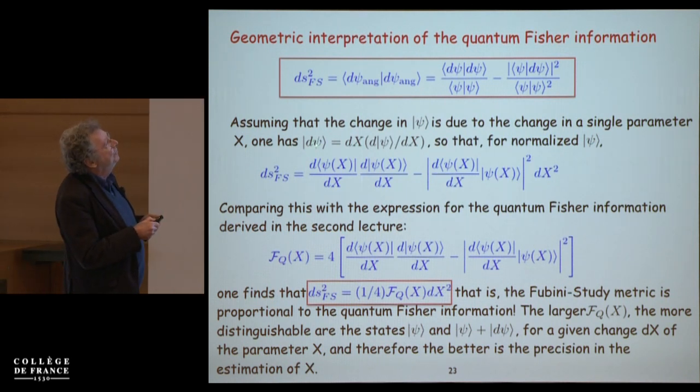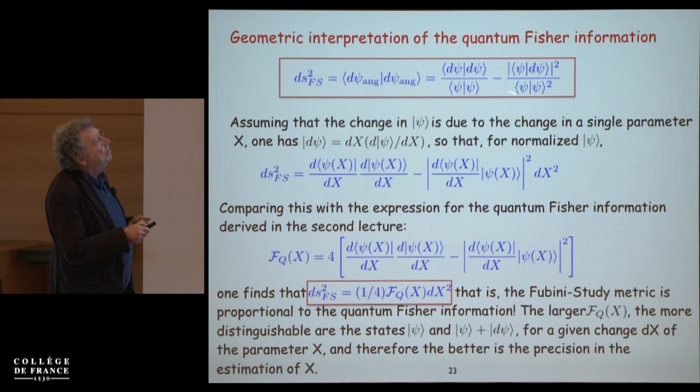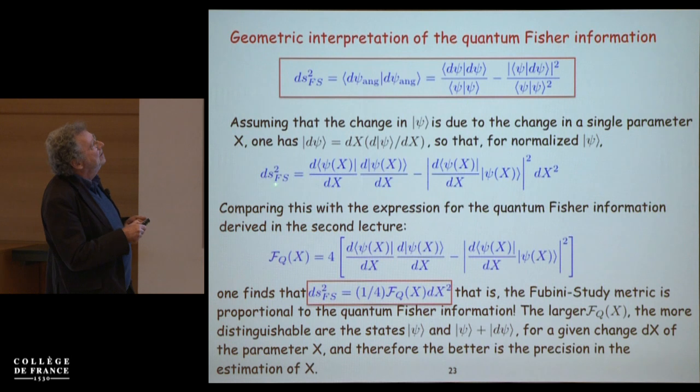Then, again, we have d psi equal to the derivative of psi with respect to x times dx. And therefore, for a normalized psi, I can forget about these factors in the denominator. I have that the Fubini-Study metric is given by this expression here. It comes directly from that. It's just the derivative times dx squared.